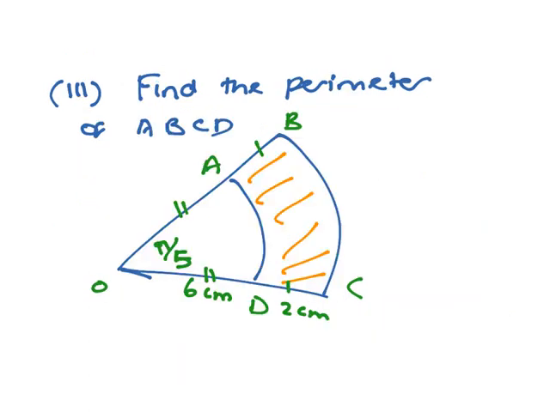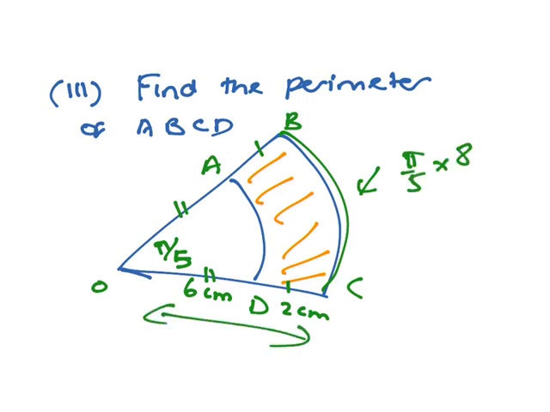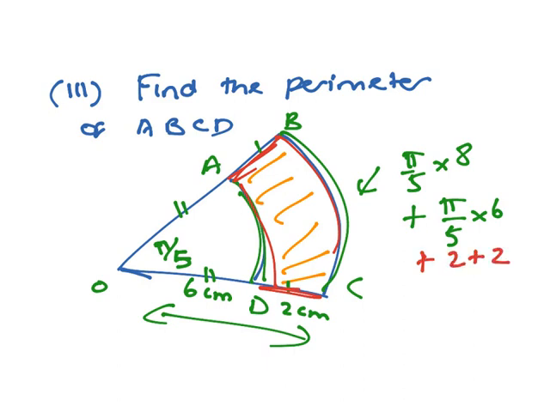Okay, so looking at this, I now want the perimeter of that shaded area, so that would be theta r, so it's pi on 5 times the radius of the big one, which is 8. And then we have to add on this one here, which is theta times the radius, which is 6. So that just gives me these two arcs, and I've got to put on the 2 sides, which is plus 2 plus 2.